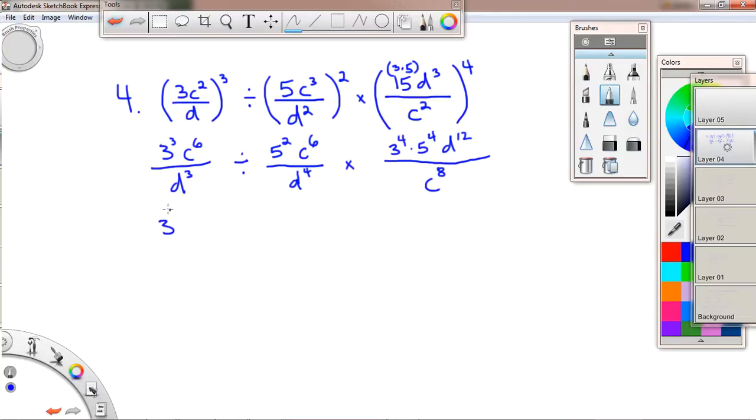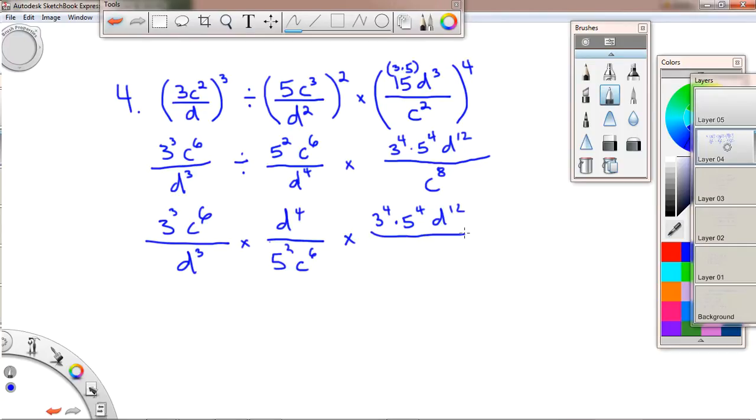We've got 3 to the third, c to the sixth, over d to the third, times this reciprocal, which is going to be d to the fourth, over 5 squared c to the sixth times 3 to the fourth, 5 to the fourth, d to the 12th, and c to the 8th.